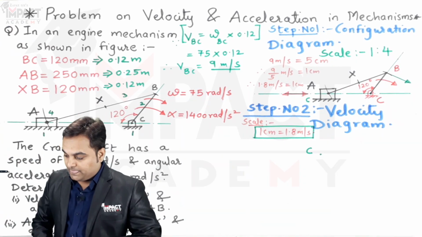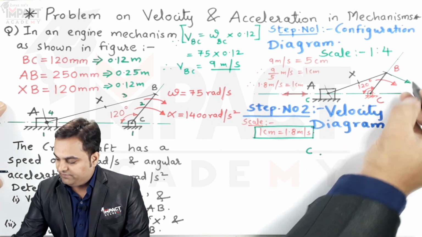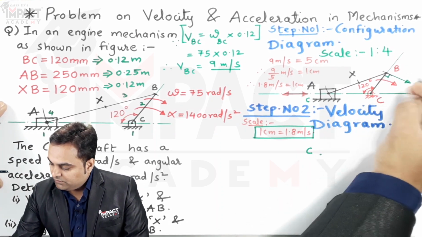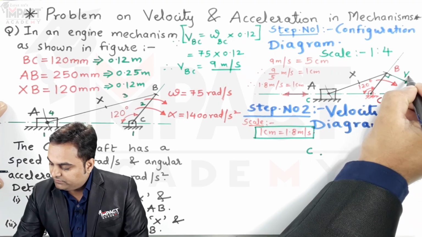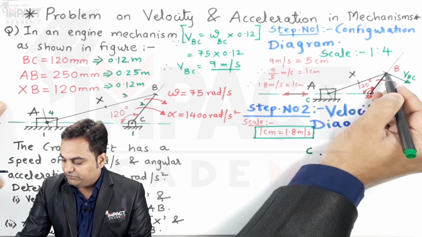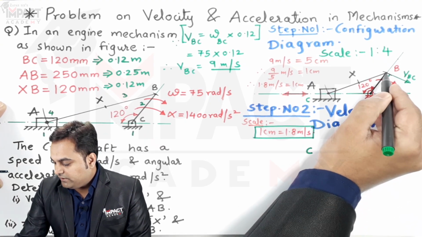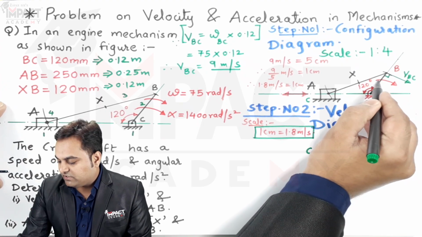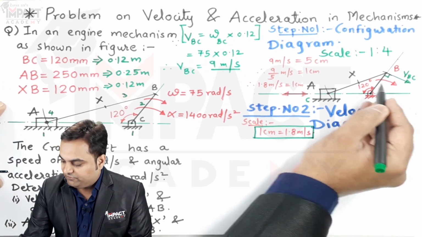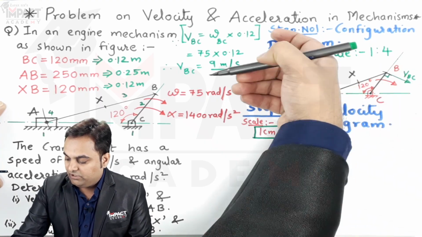This perpendicular vector is indicating the velocity of link BC, or we can say the velocity of point B with respect to the fixed point C. It is in this direction because the crank is rotating in a clockwise manner. If it were rotating in an anti-clockwise manner, then this vector would be on the opposite side.